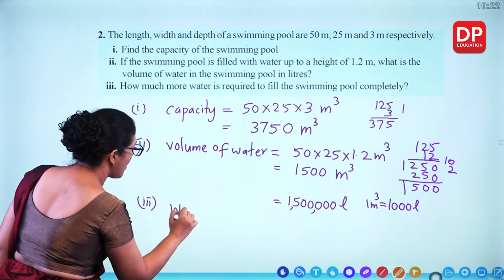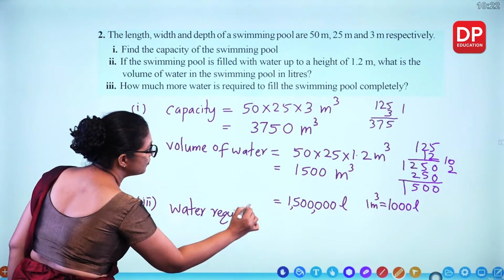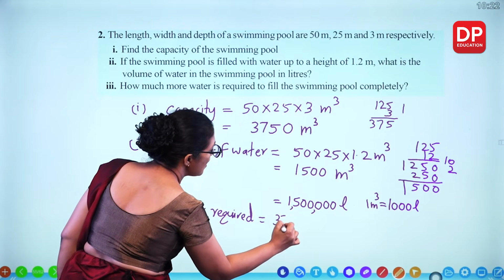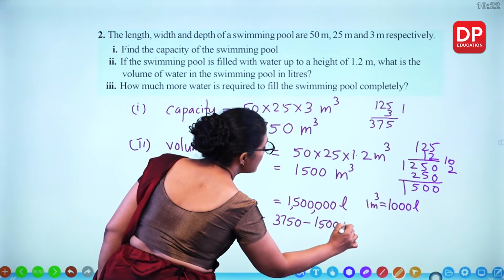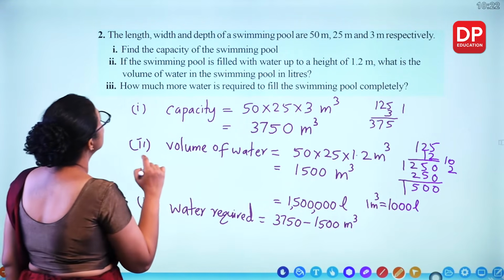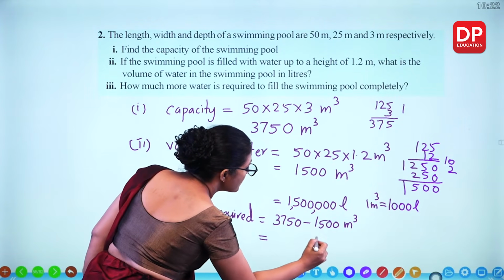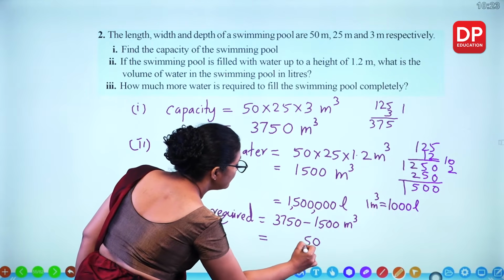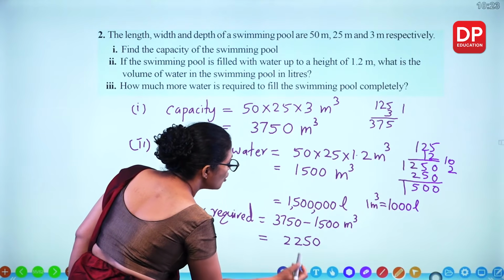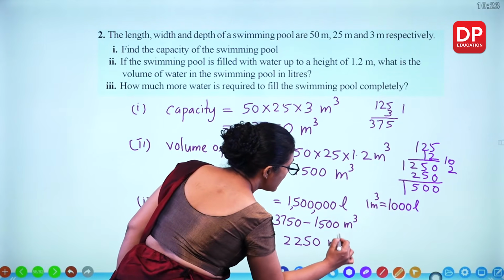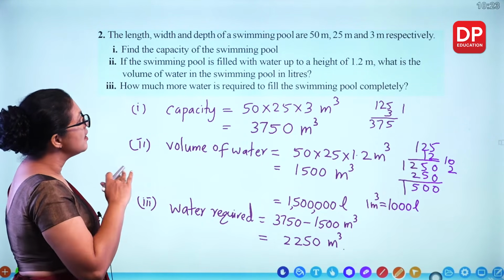So water required is 3,750 minus 1,500. That's in cubic meters. We can give the answer in cubic meters. 2,250 cubic meters of water you need to fill the swimming pool.